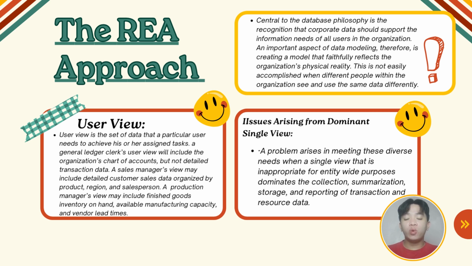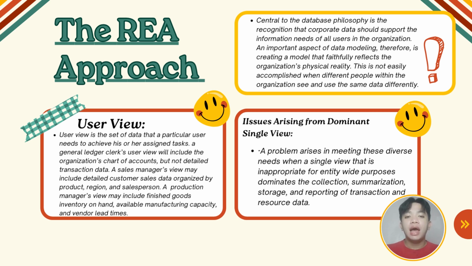You will recall from Chapter 9 that a user view is the set of data that a particular user needs to achieve his or her assigned task. A general ledger clerk's user view will include the organization's chart of accounts but not detailed transaction data.